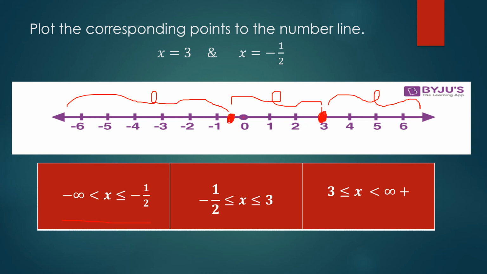Then, negative 1/2 is less than or equal to x, and x is less than or equal to 3. Ito yung pangalawa. Tapos ito yung pangatlo. Positive 3 is less than or equal to x, and x is less than positive infinity. So, meron yan tatlo.